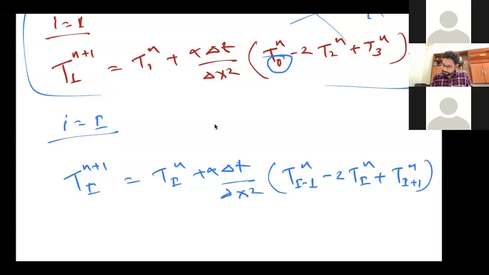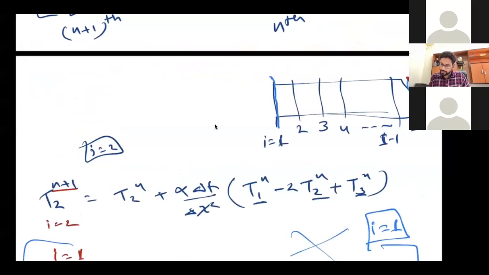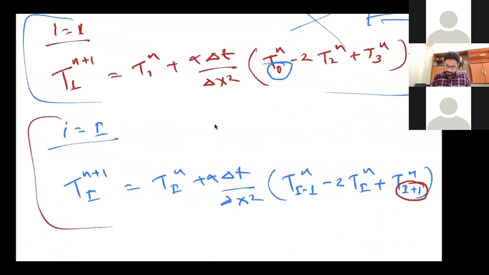But this term does not exist, because we have grid points only till capital I. The I plus 1 does not exist, right? And that is why this equation does not work for small I equal to capital I.